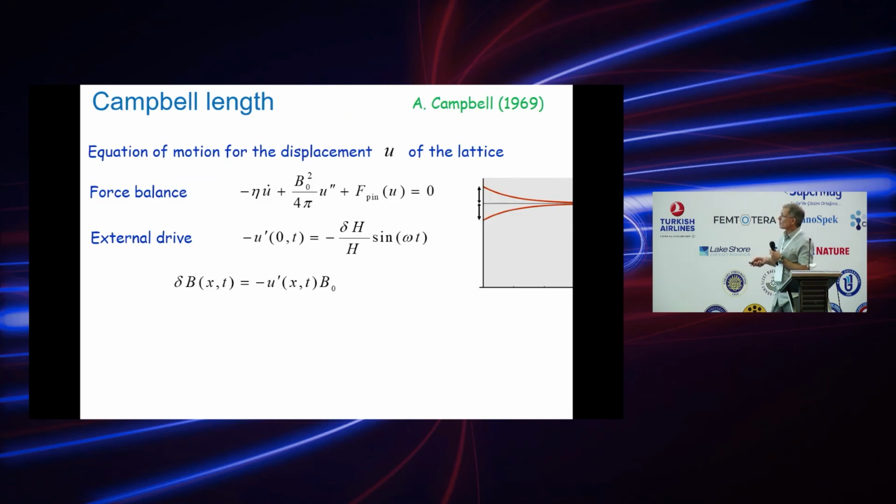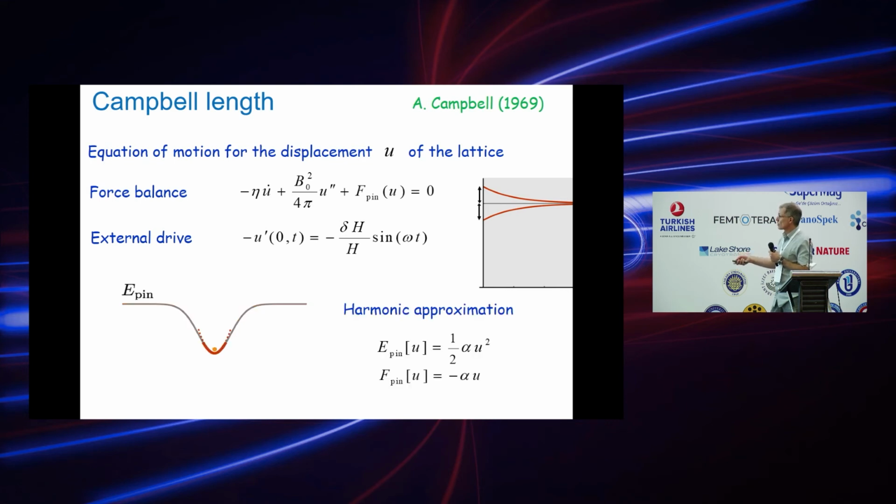So how to describe it? Archie Campbell suggested to have the spinning force and say that every vortex is pinned and sits at the bottom of a potential well, and we replace this force by the curvature, by a parabola, and this alpha is the curvature.